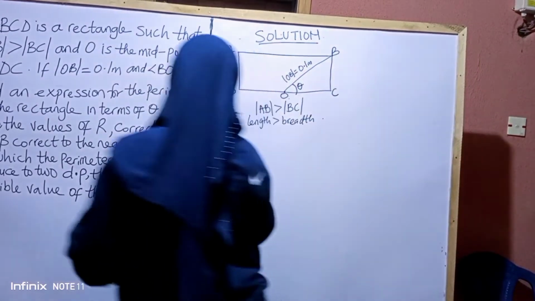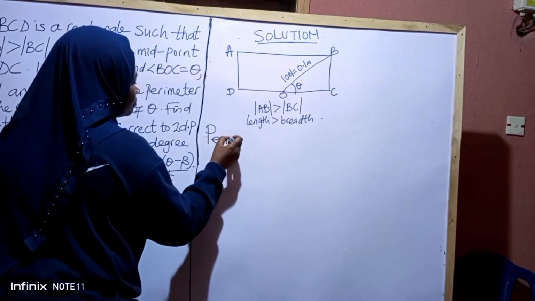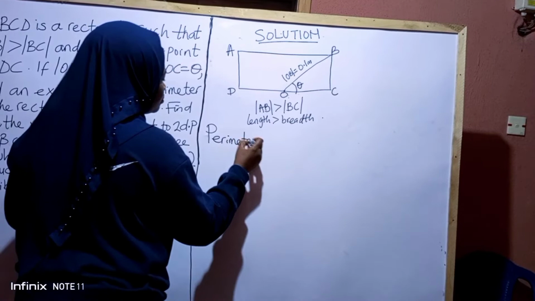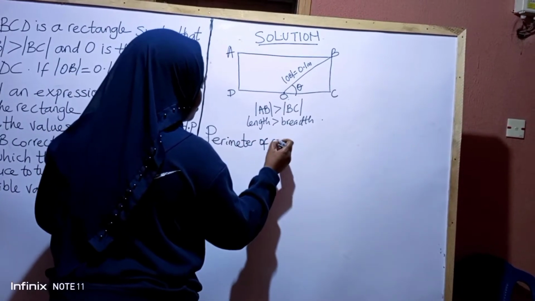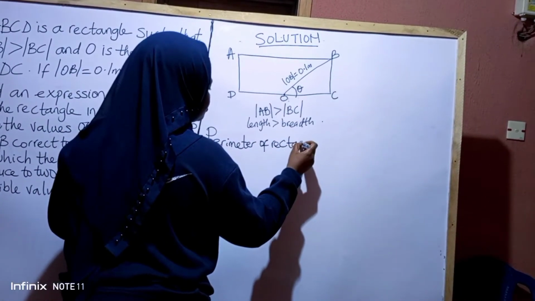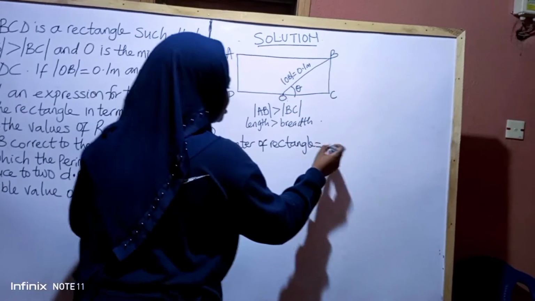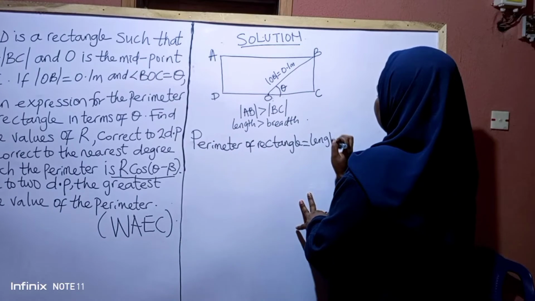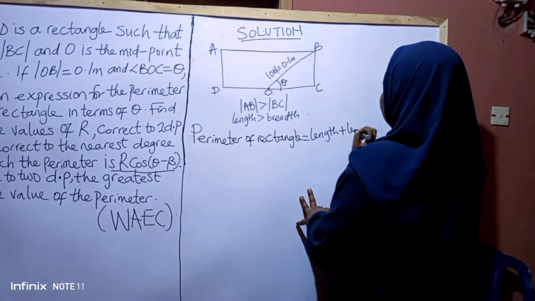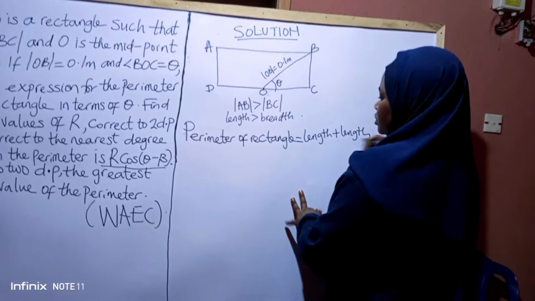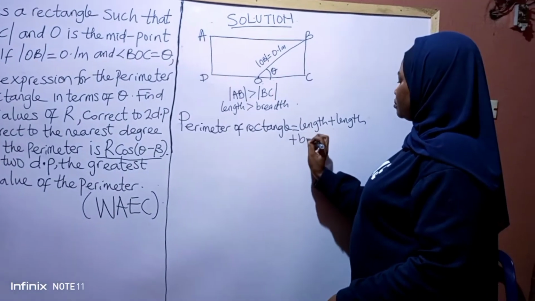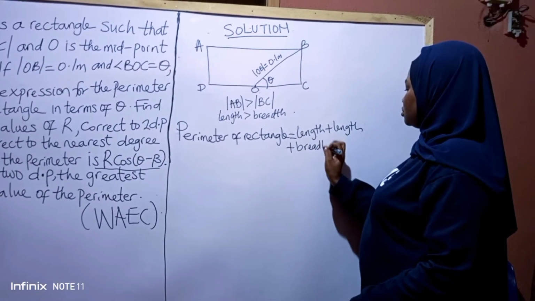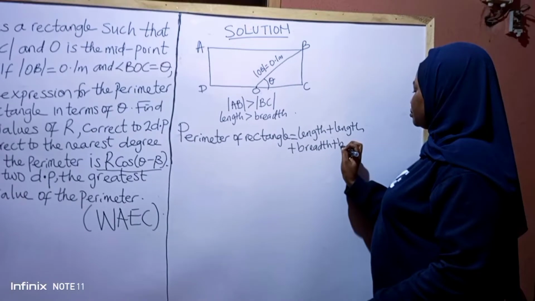So perimeter of rectangle is equal to length plus length plus breadth plus breadth.